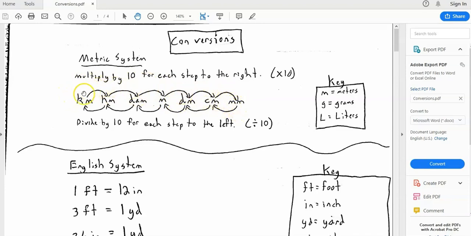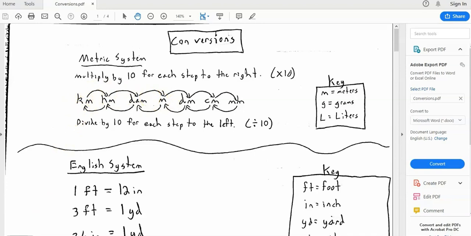And when you are transferring in the metric system from a large unit to a small unit, all you're going to do is multiply by 10 for each one of the steps that you take. So for instance, if I'm going from a kilometer to a meter, that's 1, 2, 3. So take your number and multiply it by 10 three times.